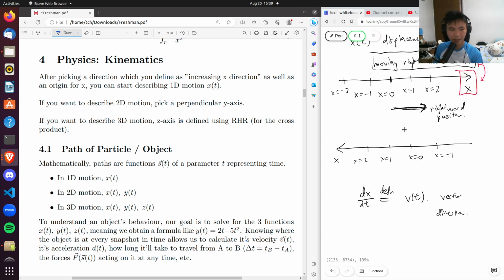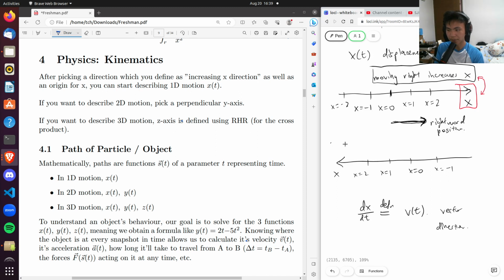On the other hand, if I had this other coordinate system on the bottom, then this would be called leftward positive. Because if the velocity is positive, then I'm actually moving to the left. Velocity is positive means that my x value as a function of time is increasing.